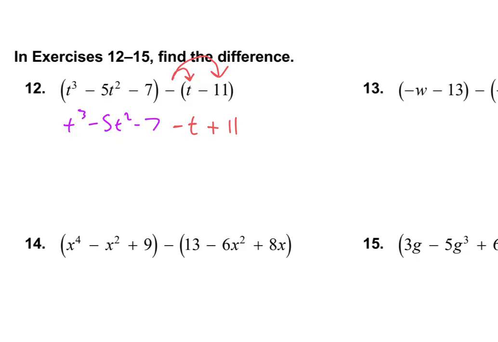But the idea is basically, okay, hey, now we have a t cubed. Oh, he doesn't have any friends, so he's first. We have a negative 5t squared. Okay, he doesn't have any friends either, so he's next. Negative 7 and positive 11. Well, that's positive 4. And you'll notice, or at least hopefully you notice, there's a big gap here.